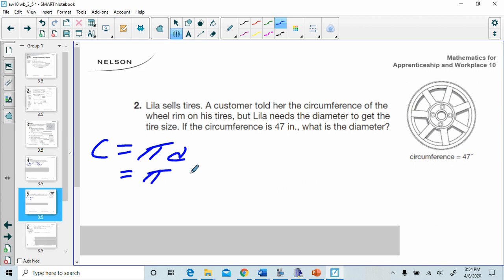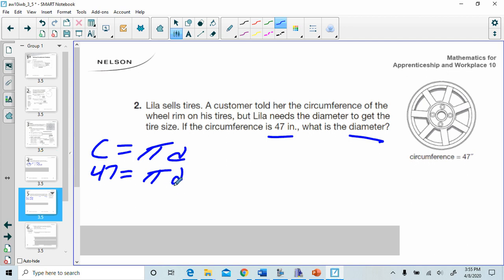So if we use pi, we're looking for d. We don't know that, but we do know circumference. It's 47. So we'll just put 47 here and leave the d variable as is because we don't know what that is yet. So we're going to try to solve for diameter.